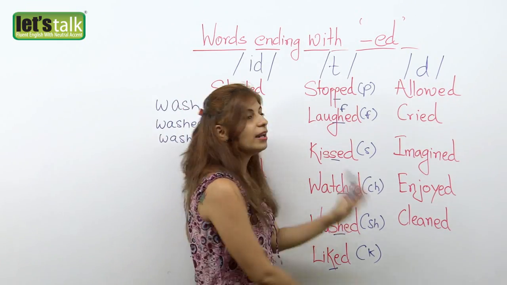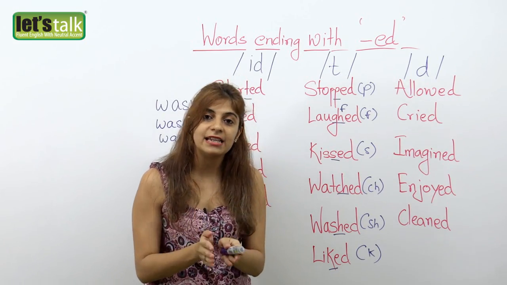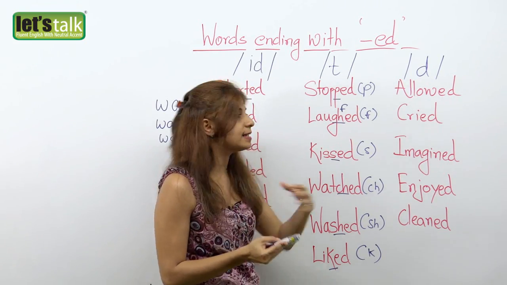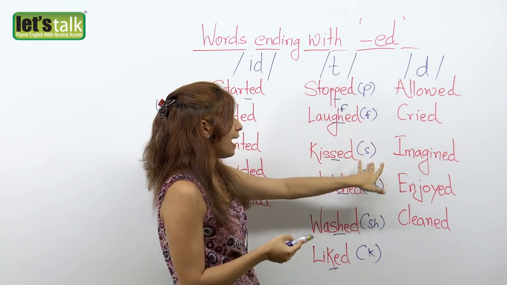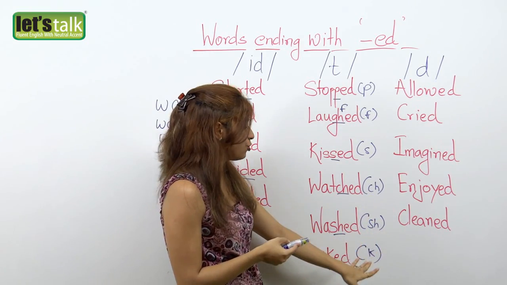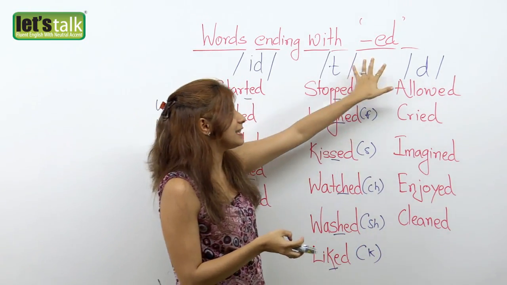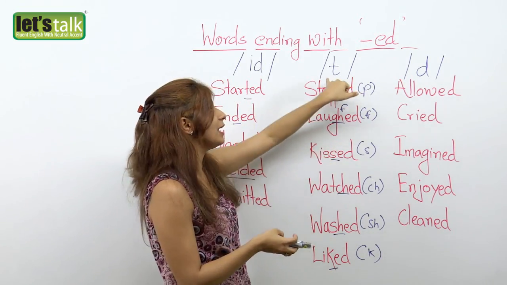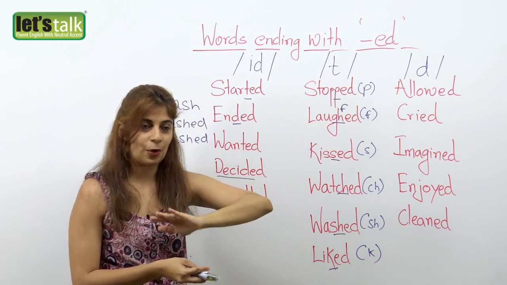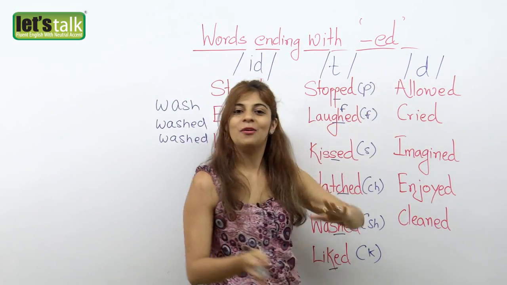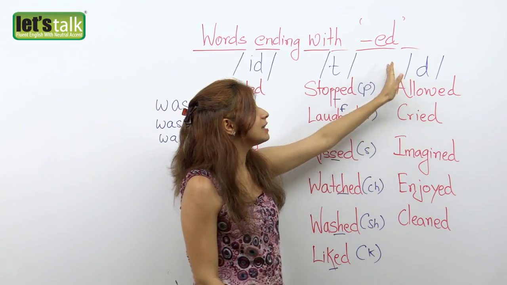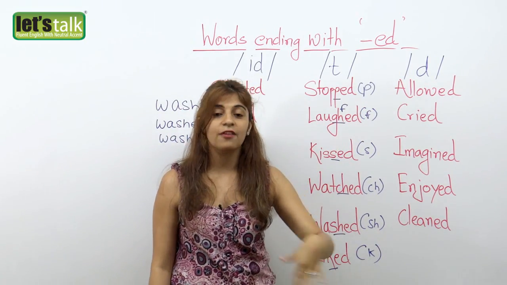The second one is if the words end with an unvoiced sound, that's p, f, s, ch, sh, and k, then the pronunciation of ed at the end of the words would be the t sound. And then the last one, the most simple one, is for all other words, the voiced ones.